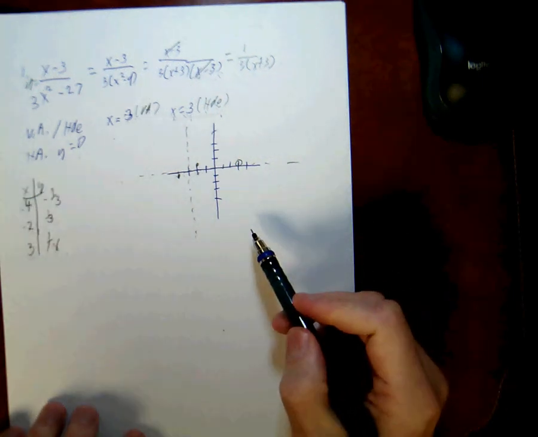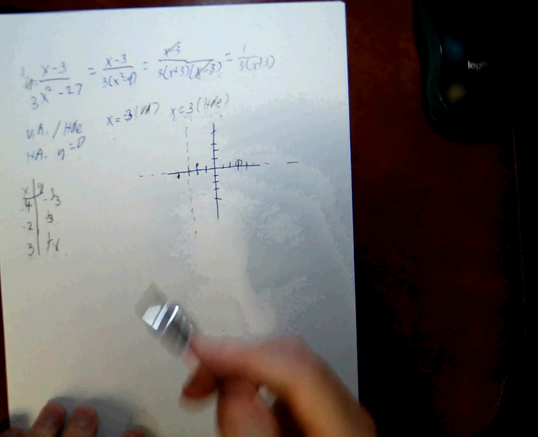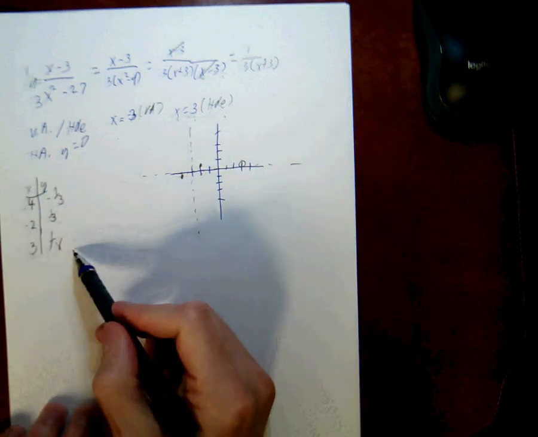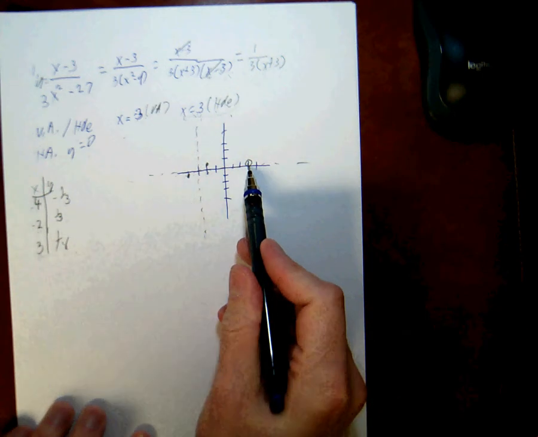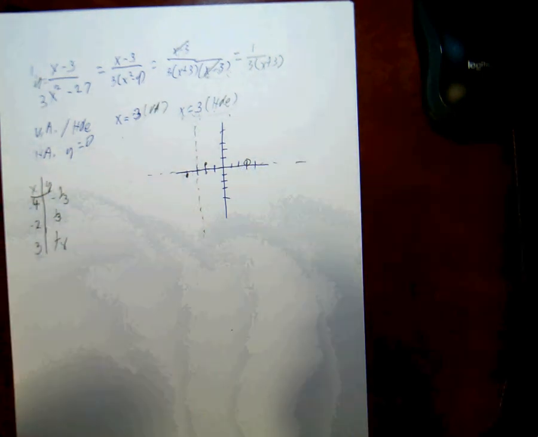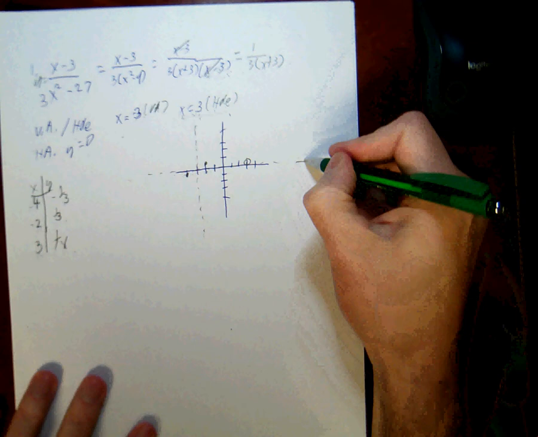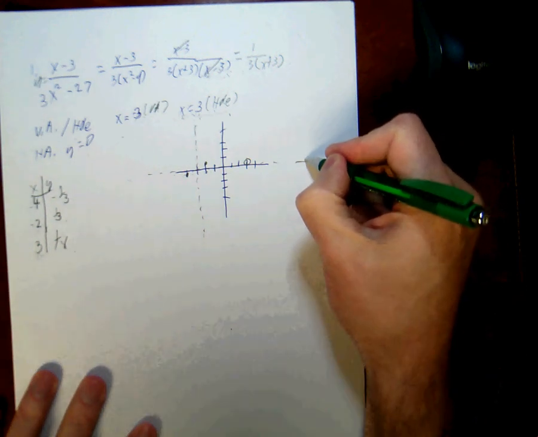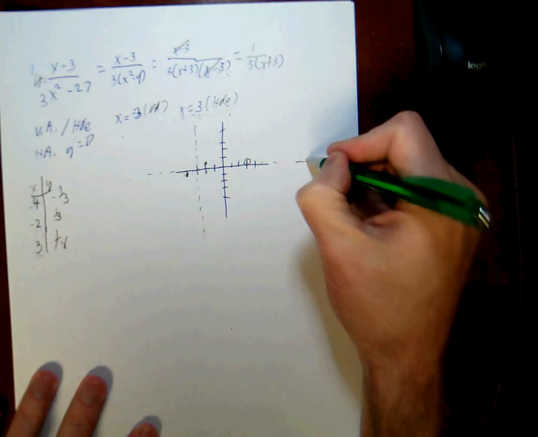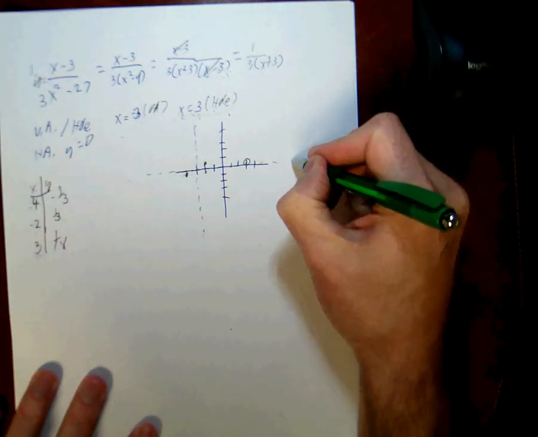All right, so now, this is the most tedious part of the whole problem. We've got our dots, we've got our hole plotted. Now we need to draw our graph. How we draw our graph is we put our pencil on the asymptote, and we have to hit all the dots. Like we hit the hole.